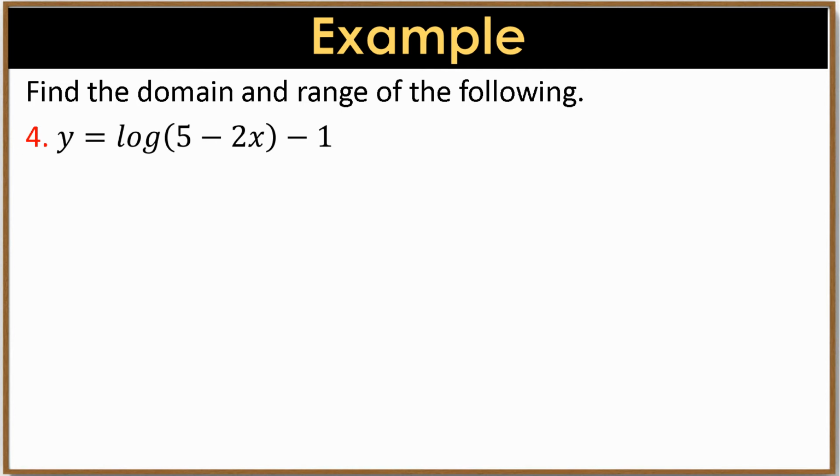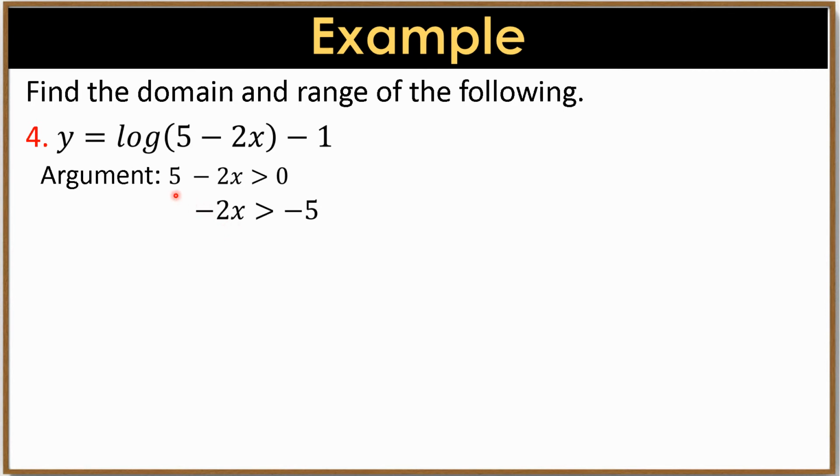What about if we have this one? You have logarithm of 5 minus 2x, minus 1. So our argument is simply 5 minus 2x. Whatever is here is our argument, and it is greater than 0. Therefore, you have negative 2x.